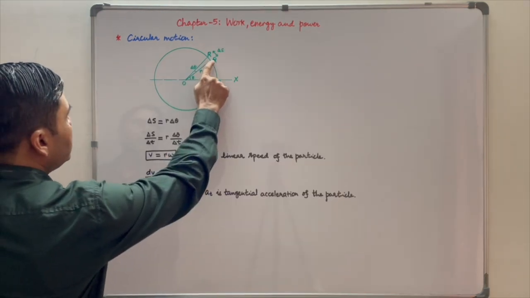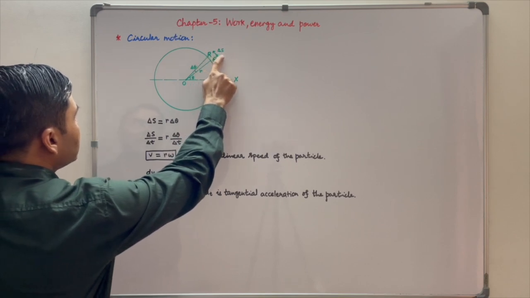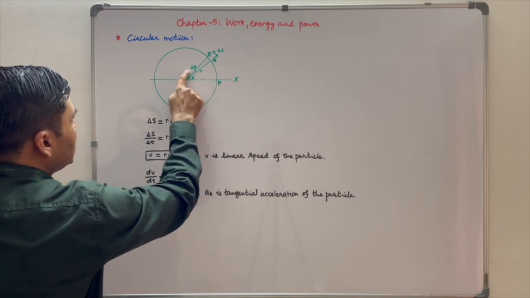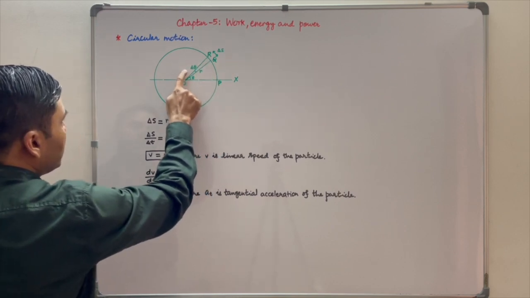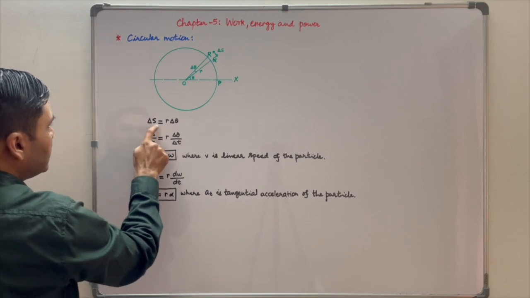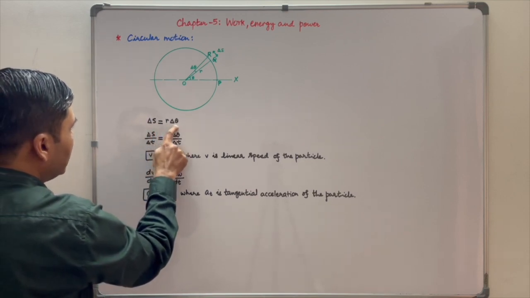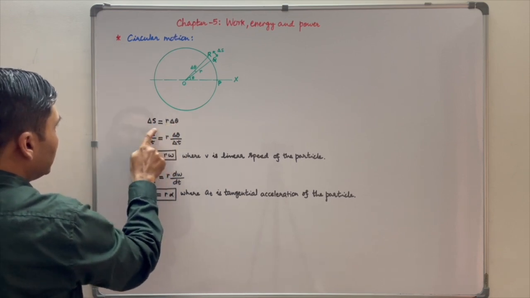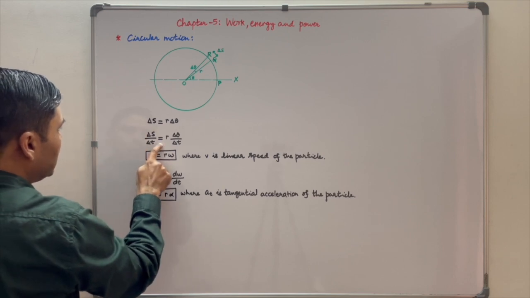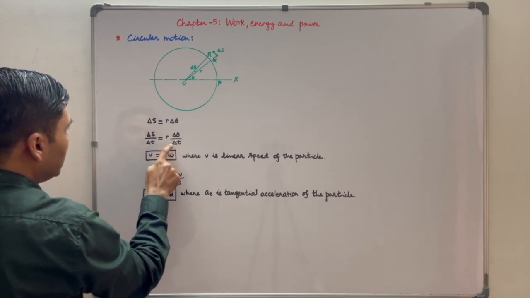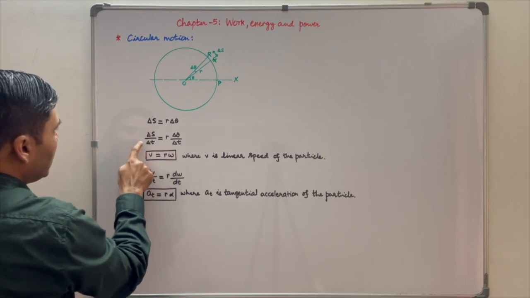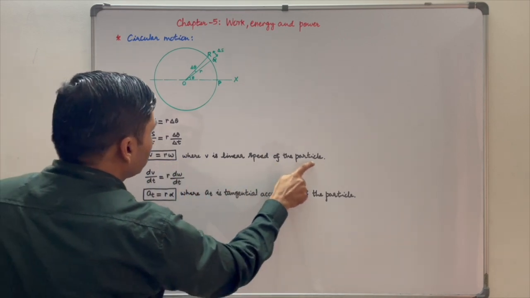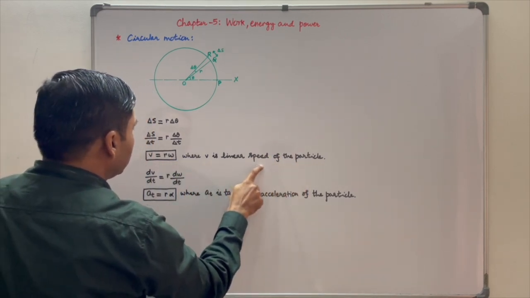Suppose the particle travels a small distance delta s on circular path in time interval delta t. Its angular displacement is delta theta. Then from trigonometry we can say that delta s is equal to r into delta theta. If we differentiate both sides of this equation with respect to time, we get delta s upon delta t is equal to r into delta theta upon delta t. Delta s upon delta t is represented by v, which is linear speed of the particle, not linear velocity.